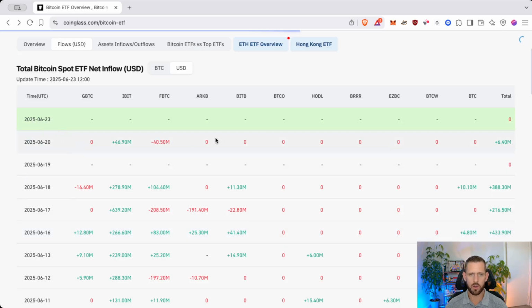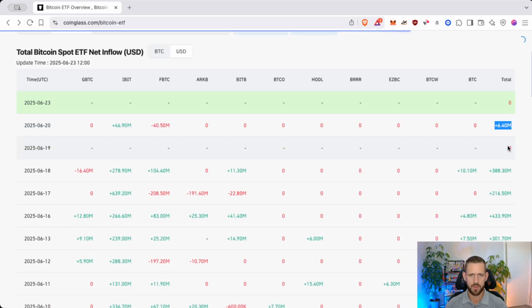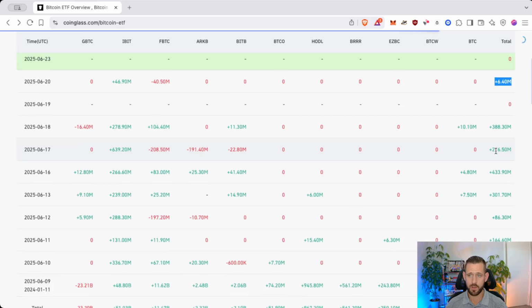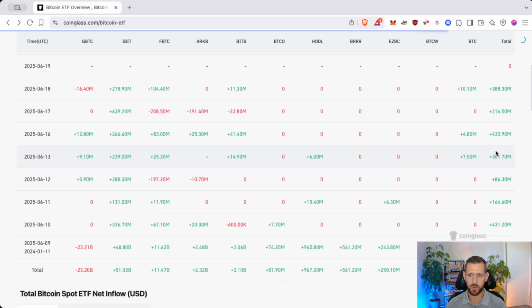And if we go all the way over to the right-hand side, we can see the total inflows or outflows for the ETFs. So for example, on the 20th, there was a $6.4 million inflow for the Bitcoin ETF. On the 19th, there was net zero. On the 18th, 388 million, 216 million, and so on and so forth.